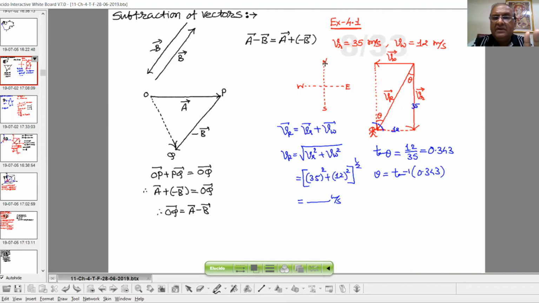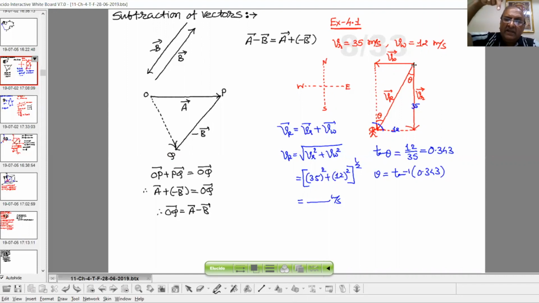Now, north, south, east, west directions are represented here. So, in vector form, we can represent the velocity of wind, which is east to west. So here one vector is prepared, which is in the direction east to west.